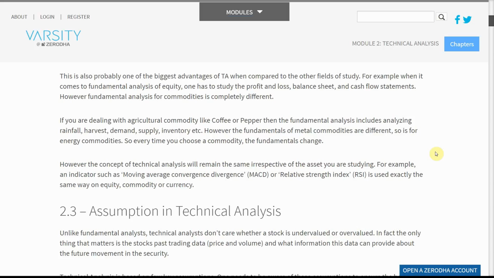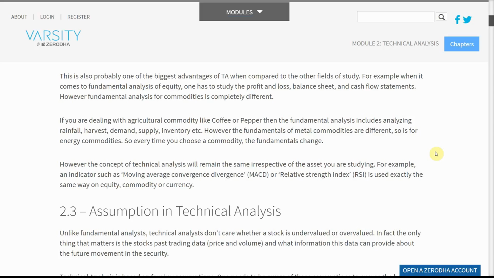However, fundamental analysis for commodities is completely different. If you are dealing with an agricultural commodity like coffee or pepper, then the fundamental analysis includes analyzing rainfall, harvest, demand, supply, inventory, etc. However, the fundamentals of metal commodities are different. So it is for energy commodities.